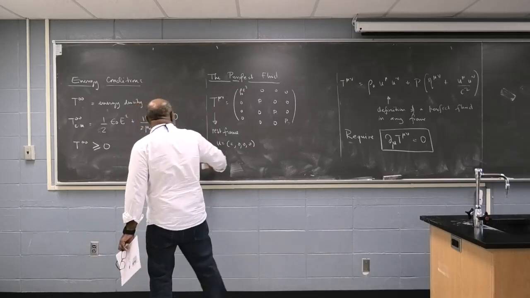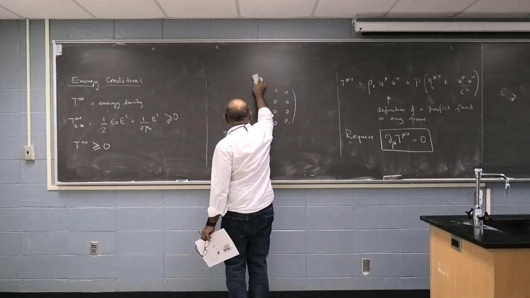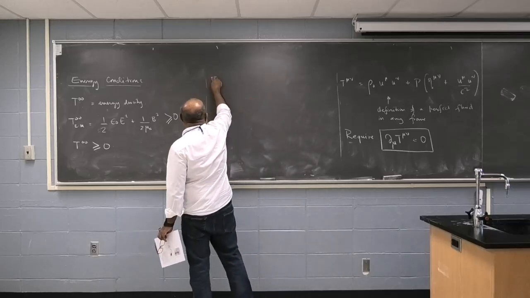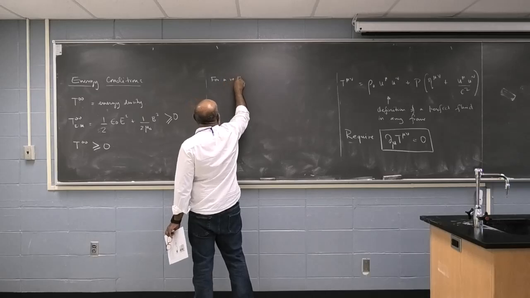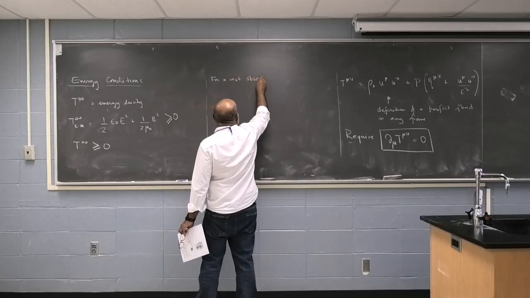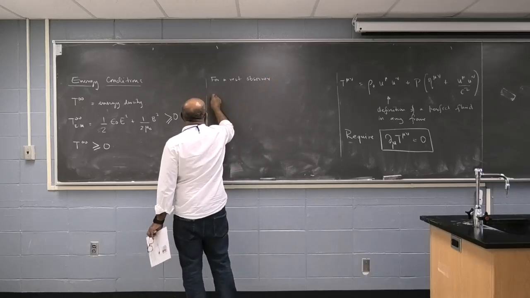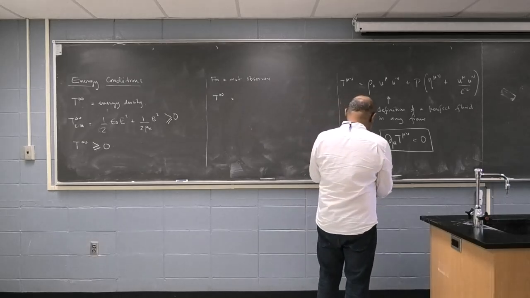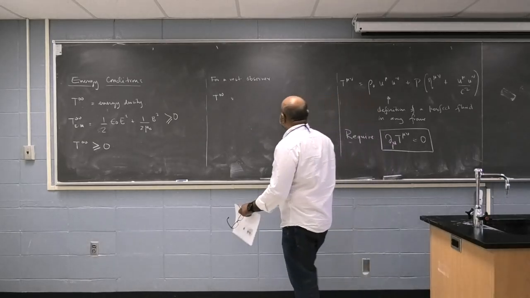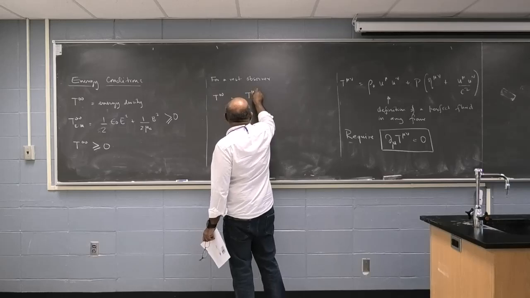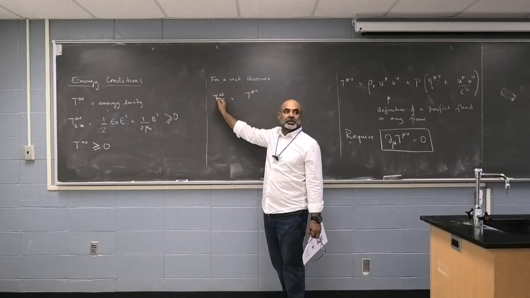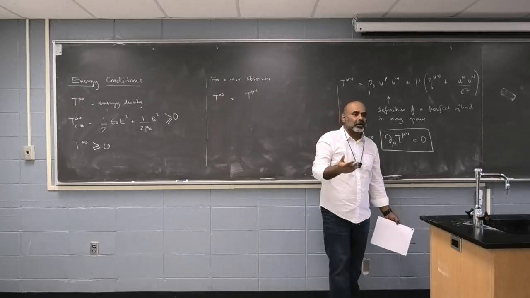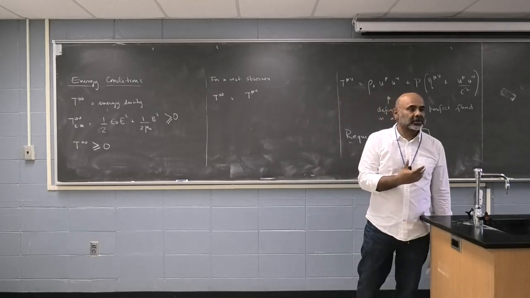So first, let's start with the rest observer. T00 is equal to... because this is not a scalar. This is a component of a tensor, so that doesn't mean anything. One person's zeroth component is not the other person's zeroth component.